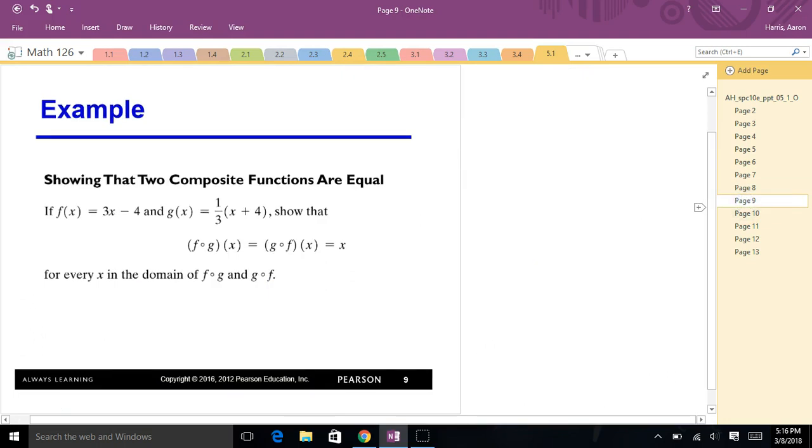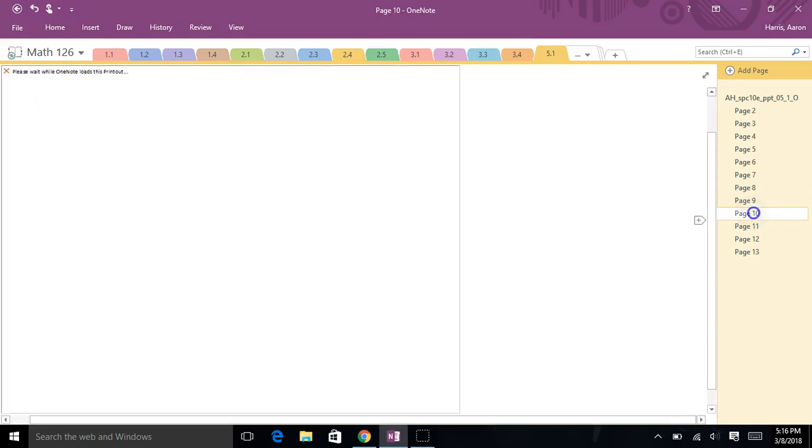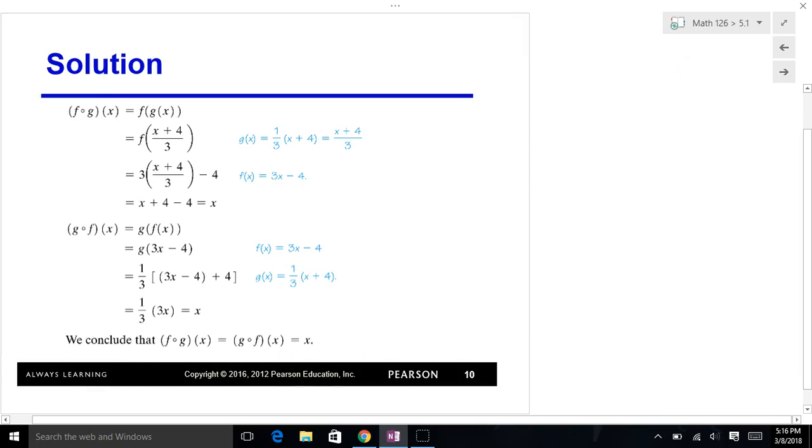Alright, so what about if you're finding, here it's just showing you, you'll have some of your homework like this, show that f of g of x is equal to g of f of x, which equals x. So you're going to go through that exact same procedure again. You're going to throw g into f. So here's our g, it's going into the f. The f function is 3x minus 4, so that goes in, x plus 4 over 3, and you see you end up with x.